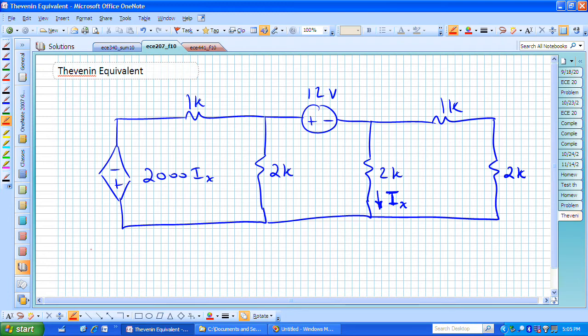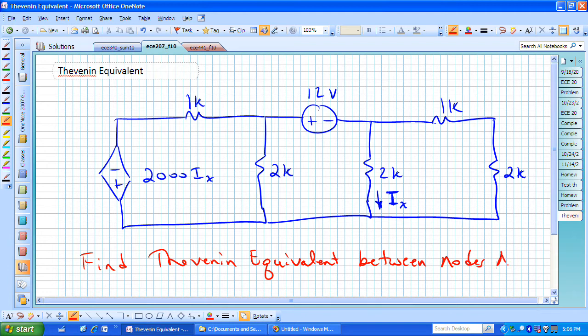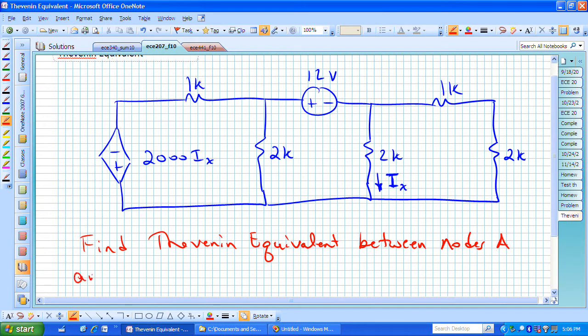And let's find then the Thevenin equivalent in the above circuit between nodes A and B, where here is B and here is A, and I want the Thevenin equivalent looking into the left of those terminals or nodes.